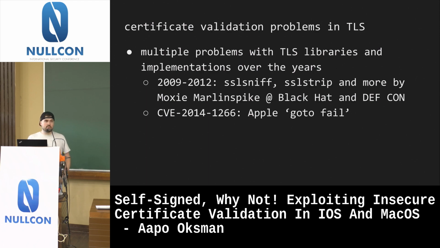There was also this problem with Apple's TLS implementation called the goto fail bug. Basically this allowed anyone to forge certificates for Apple servers or anything that the Apple computers were connecting to. This was because the Apple code didn't check the certificate properly, so it didn't actually check whether the signature had been calculated.